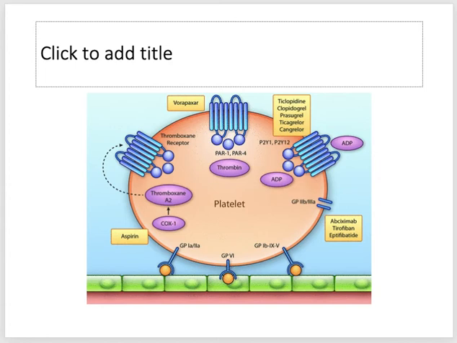Now, why am I talking about this? Because of the medications. Abciximab is the one which we use to counter this. And aspirin is the one which is going to stop thromboxane.